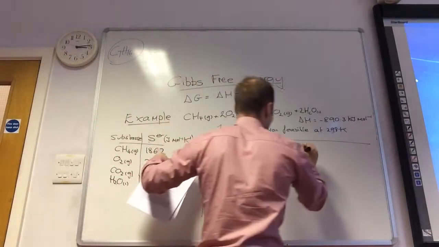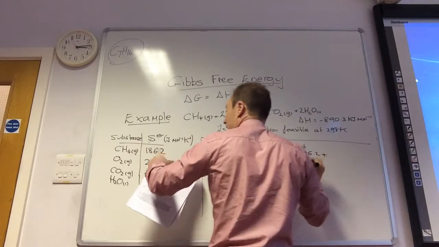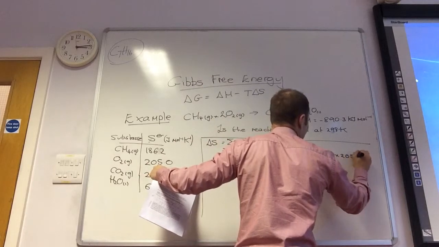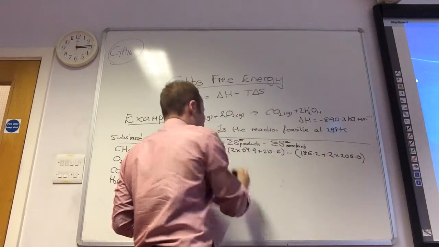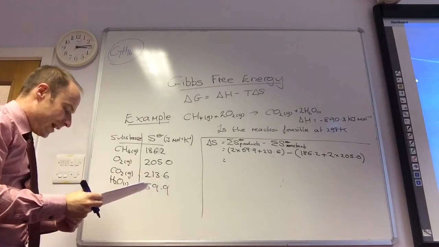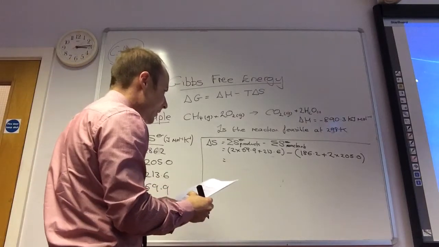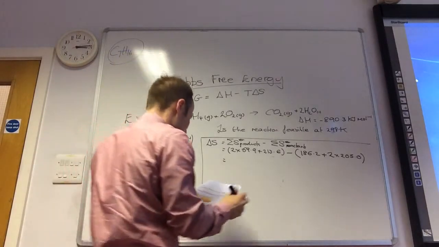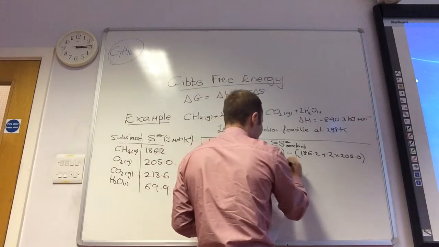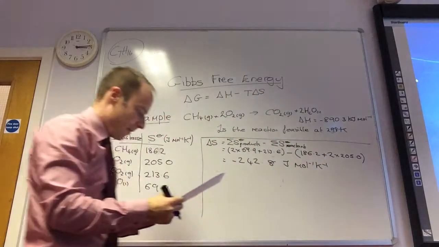I've got a methane, which is 186.2, plus 2 oxygens, which is 2 times 205.0. So if we do that, hopefully we get minus 242.8 joules per mole per Kelvin.